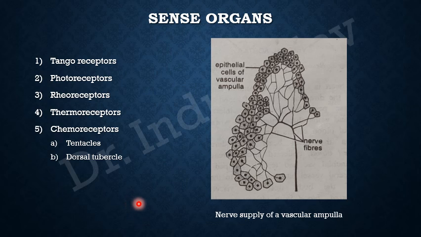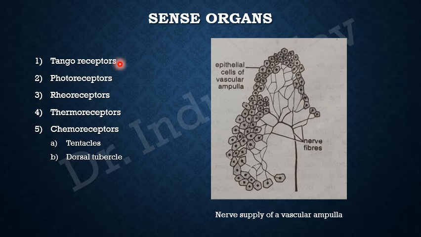However, several simple structures in the form of isolated or aggregated cells with nerve endings represent receptors. And these receptors, as you can see on the screen, are the tango receptors, the photoreceptors, rheoreceptors, thermoreceptors, and the chemoreceptors. The tango receptors are sensitive to touch.